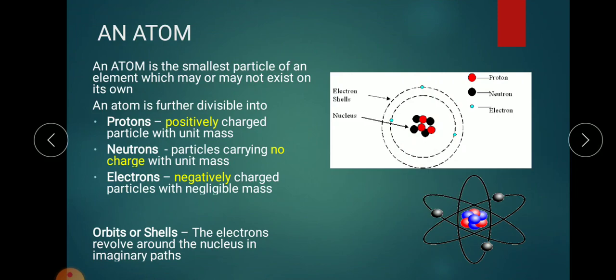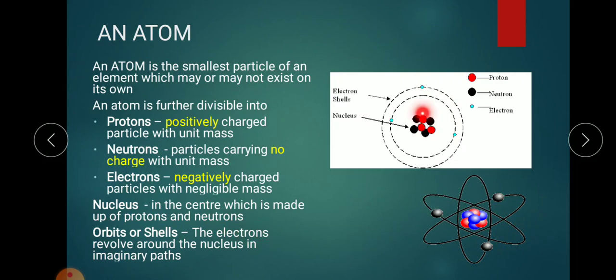The modern theory tells us that the orbitals are cloud-shaped, not circular, they are elliptical or somewhat of a cloud. The nucleus is in the center, made up of protons and neutrons, which collectively are also known as nucleons. So this was our last class topic.